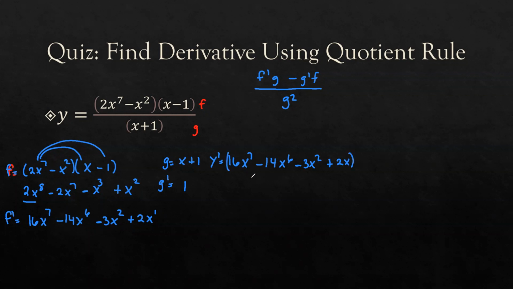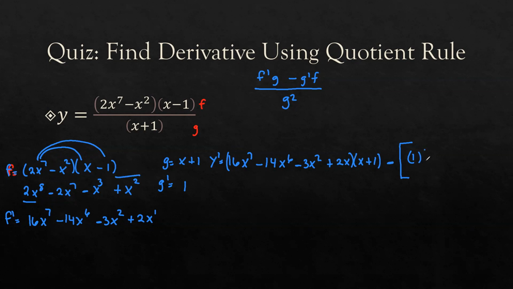And then times regular g, which is x plus 1, minus bracket, and then g prime is 1 times regular f, which is, when we FOILed out regular f, it was this.